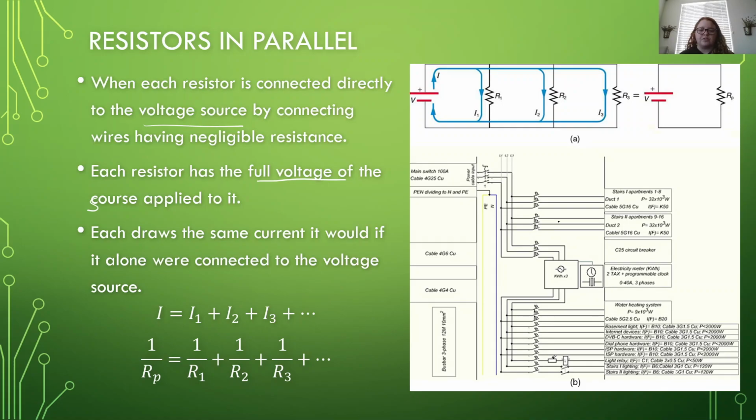Houses will have many parallel circuits, because if we have everything in series, like the Christmas lights or holiday lights in series, if one bulb goes out, the whole string is going to go out. We don't want that to happen in a house.